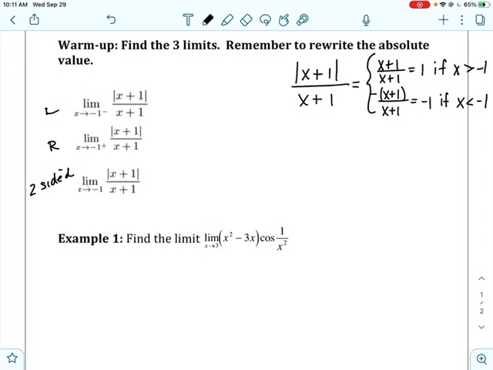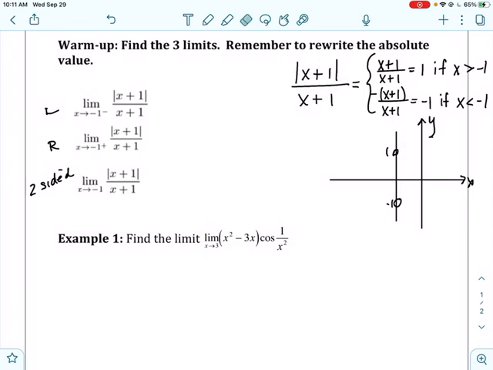So we have these two expressions, and if we look at a graph of this, you can see what's happening with the limit right off the bat. Let me put the y-axis on here and make this the x-axis.